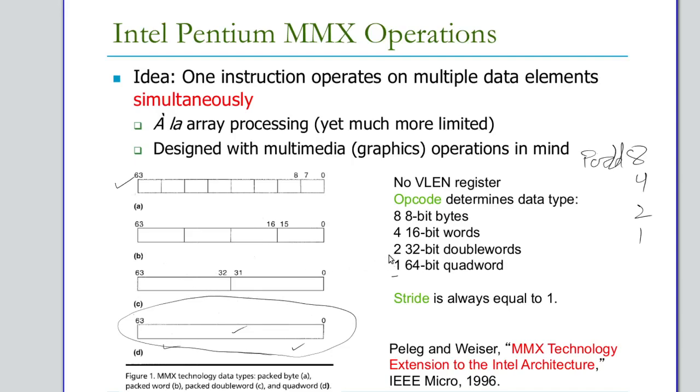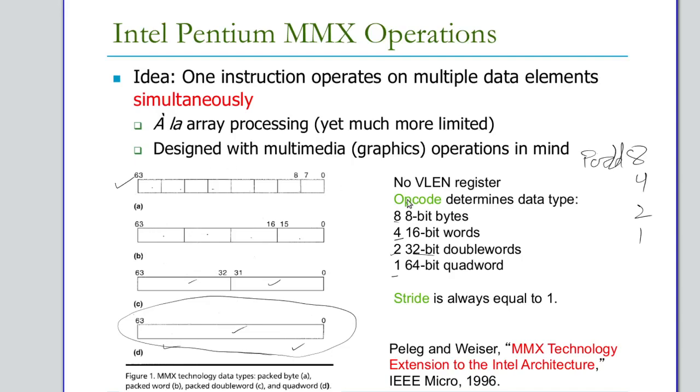If you are writing 2, it means you are using this 64-bit with 2 values of each of 32 bits. If you are writing packed add 4, it means you will have 4 such values. If you are writing 8, it means you will have 8 such values.